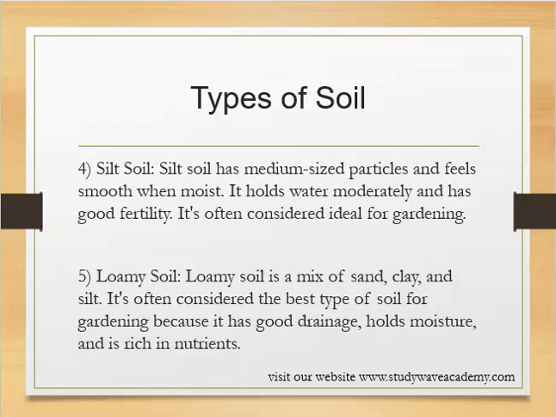Okay? Then we have the loamy soil. The loamy soil is a mix of sand, clay, and silt. It's often considered the best type of soil for gardening because it has good drainage, holds moisture, and is rich in nutrients. So the loamy soil consists of the clay, the sandy, and the silt.